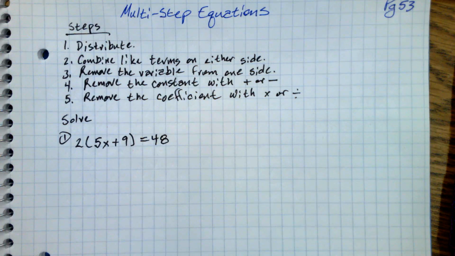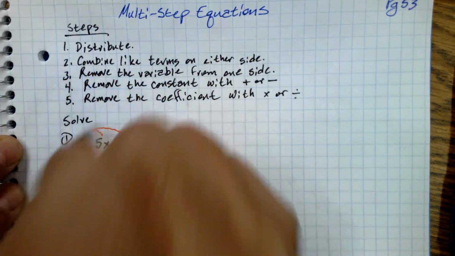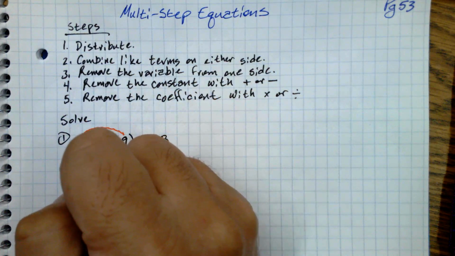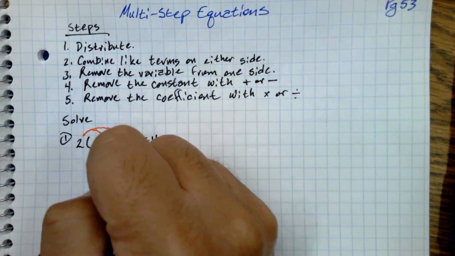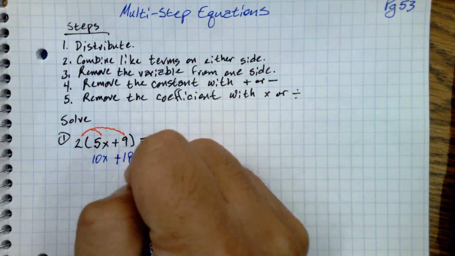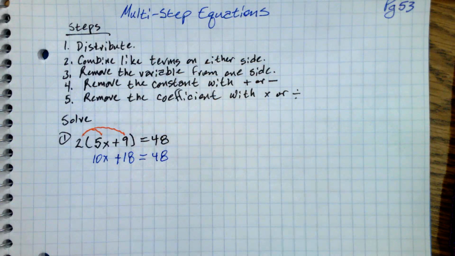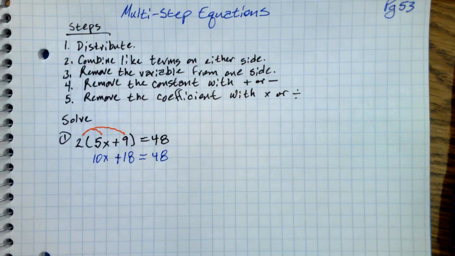Thank you. All right, let's distribute like so. And we get 2 times 5x and 2 times 9. All right, so if we're running down our list, yes, we did have to distribute, right?